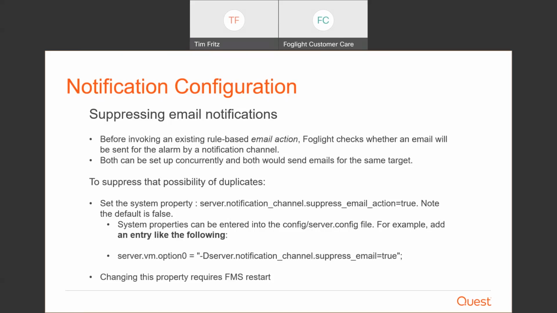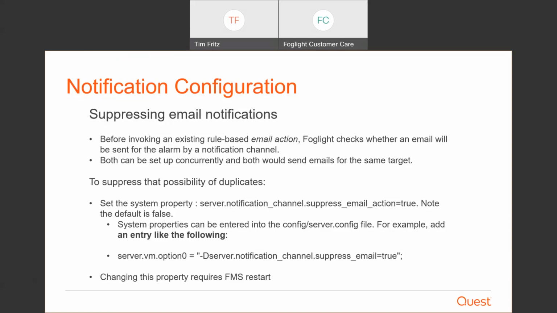So then all your emails will be controlled by the new way, notification channels aligned with an alarm template. Okay, so there you go. That's how you suppress those older email actions that are in rules. Notice you do need to start the FMS to make that go into effect.